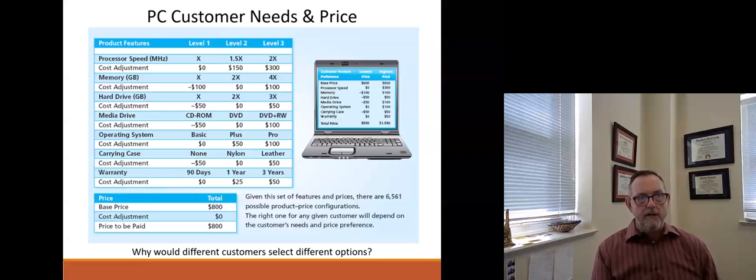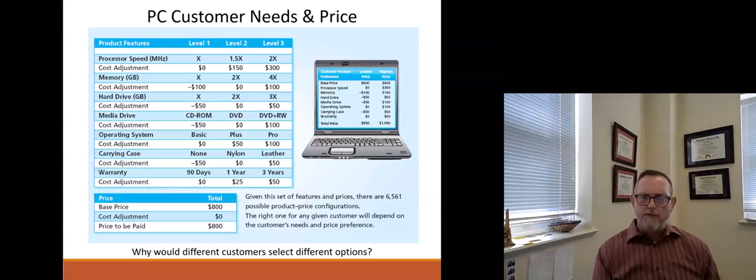And you can go down these features: the media drive, the operating system, the carrying case, the warranty, the hard drive size, the memory. So we have 7 or 8 different features here. Each one of those comes with a price differential that accounts for that feature.